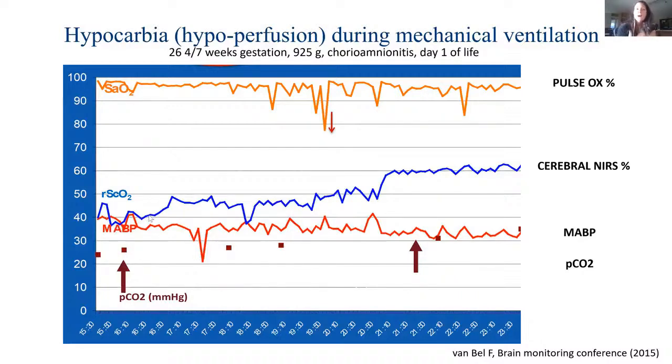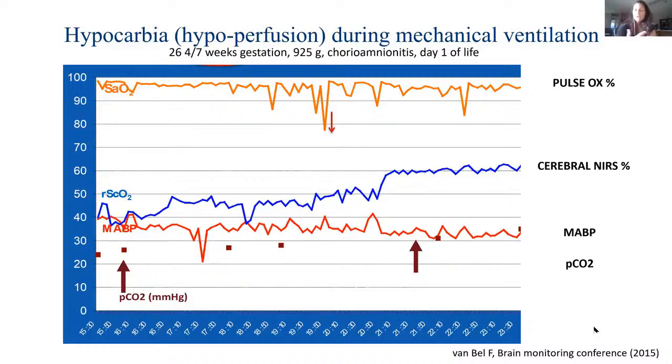So we know what a powerful influence CO2 is on our brain perfusion. And so as these CO2s, this hypocarbia, being so low, cause our cerebral sats to be so low, and then once these are corrected back into that almost normal range, we see that they correct. And so just what a powerful thing.